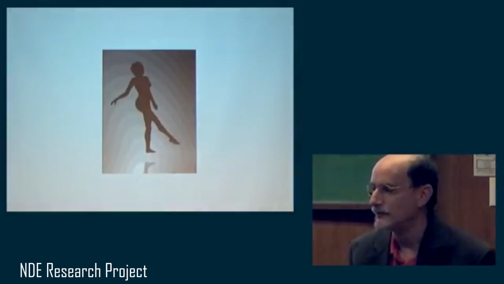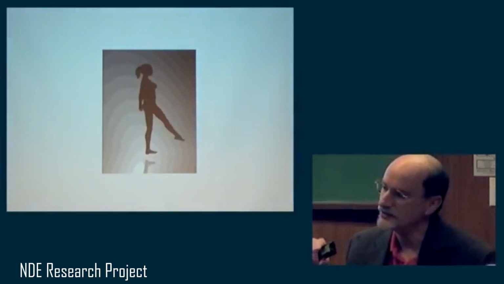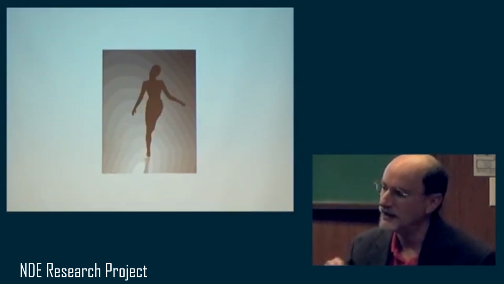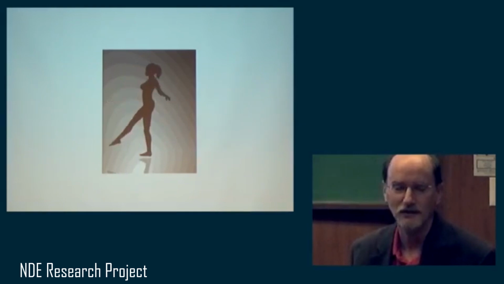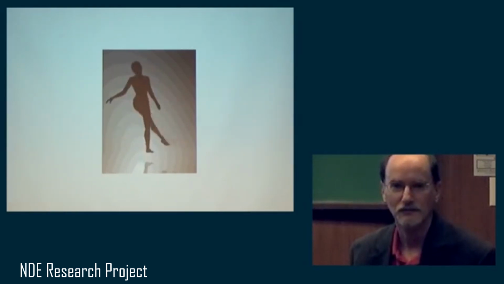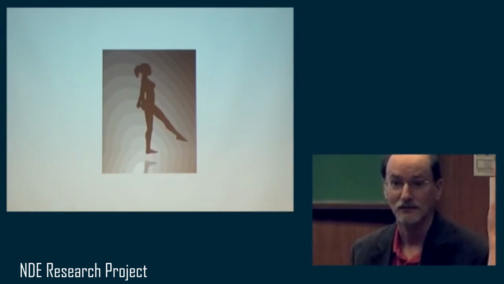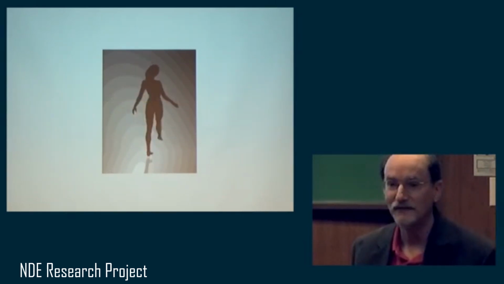Here's another famous example. If you're imagining that you're looking at the spinning girl from the top, many people would look at this and say, well, she's spinning clockwise. How many of you see her spinning clockwise? And how about counterclockwise? Okay, so about half and half.